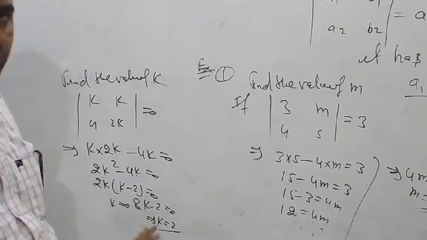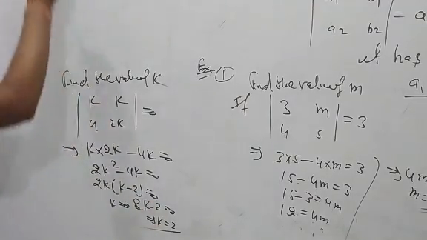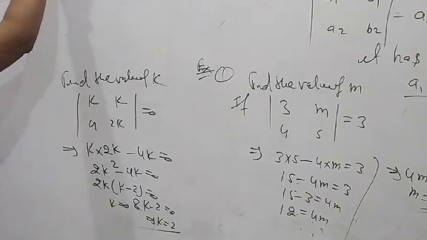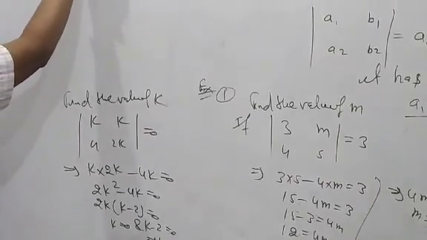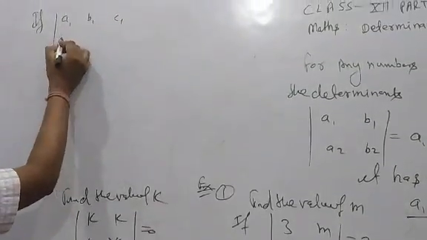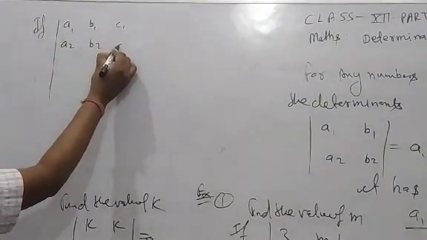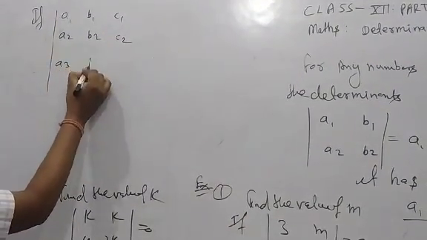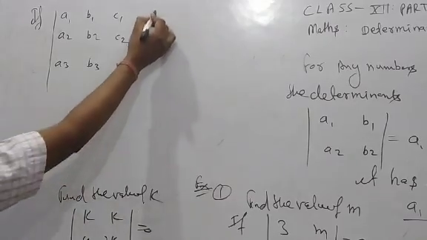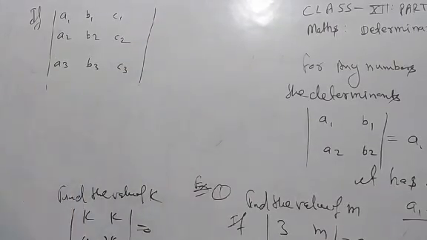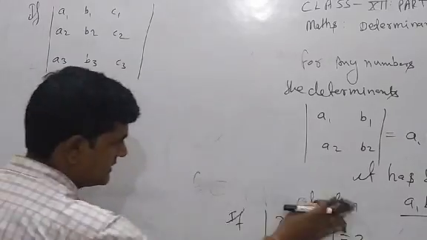Understood? Okay. But if A1, B1, C1, A2, B2, C2, A3, B3, C3 are given, clear? It is of order 3.